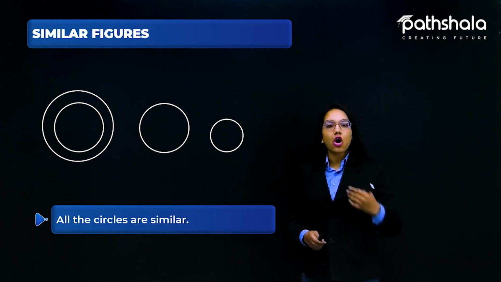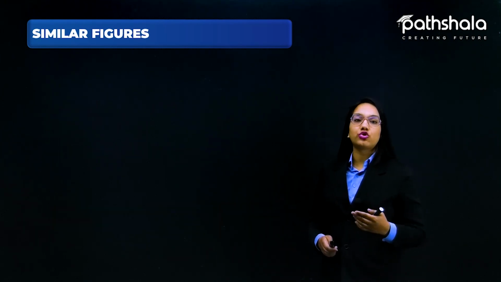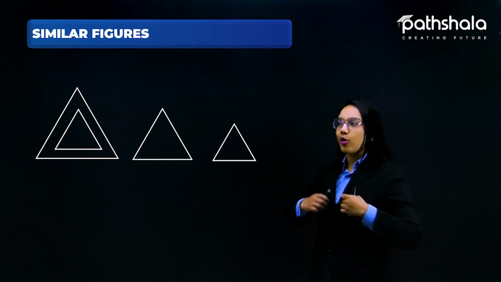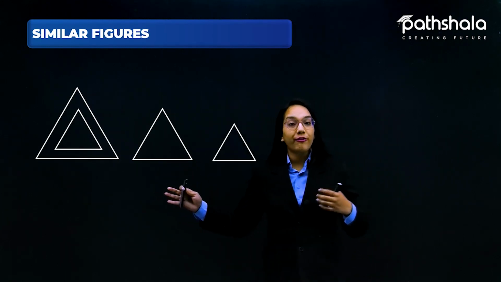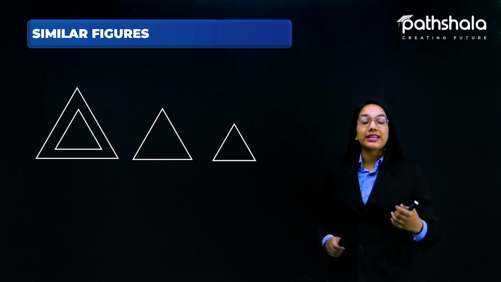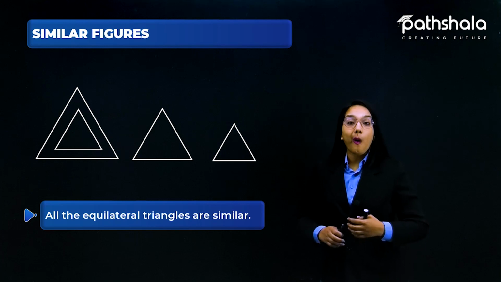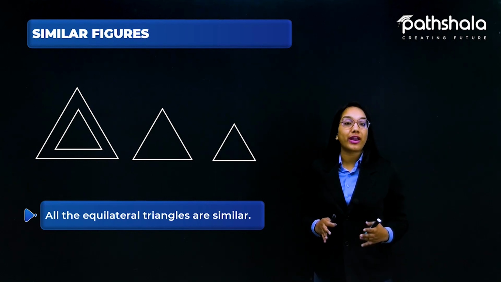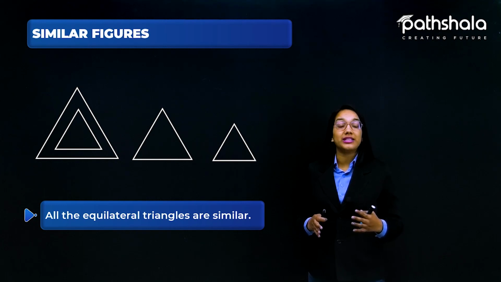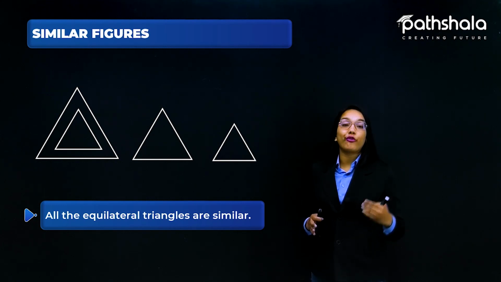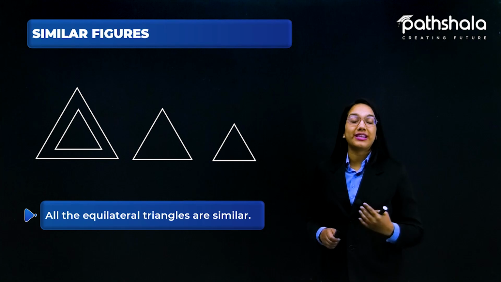Now let's talk about equilateral triangles. If I take these triangles, they are again similar to each other. All equilateral triangles are similar to each other, from the definition of similar figures.